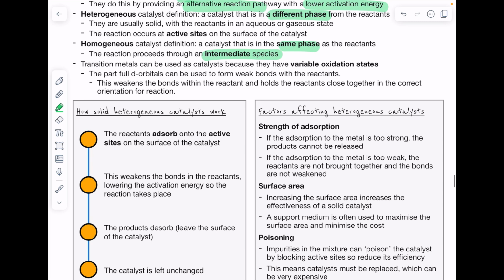The reason why transition metals can be used as catalysts is because, as we keep saying, they have variable oxidation states. The partially filled d orbitals can be used to form weak bonds with the reactants. This weakens the bonds within the reactants and holds the reactants close together in the correct orientation for the reaction.